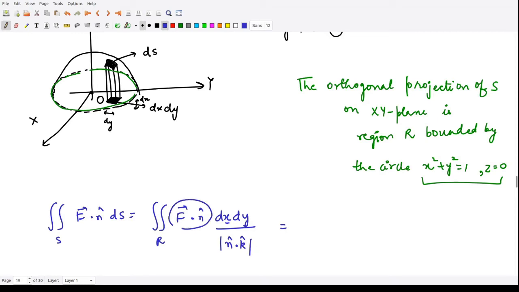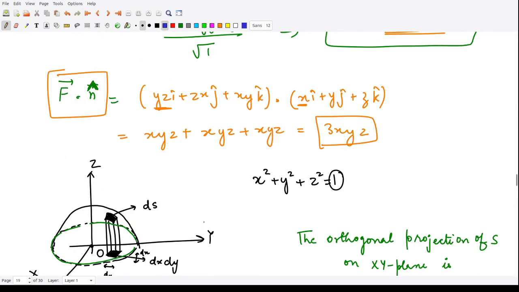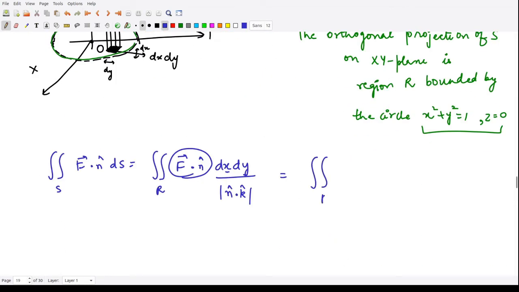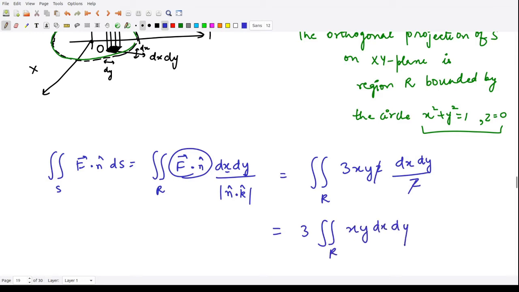We have computed this value; it was equal to 3xyz. So we have integration over R of 3xyz dx dy divided by z. This z and z would cancel, so this would be 3 times the integration over R of xy dx dy. The next step is to determine the limits here.